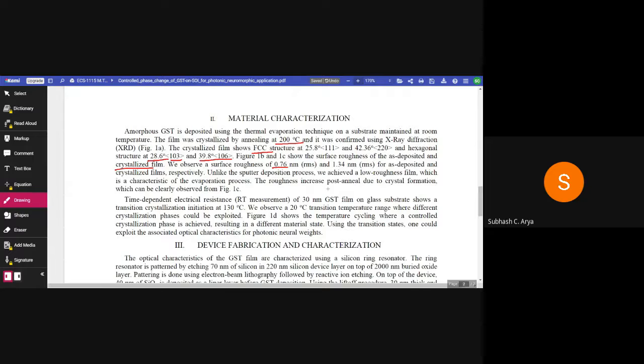The roughness increases post anneal due to crystal formation, which can be clearly observed in figure 1c. In 1c, roughness increases post anneal, due to the low roughness film, which is a characteristic of the evaporation process.